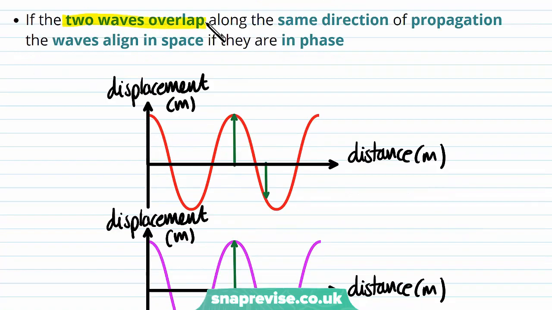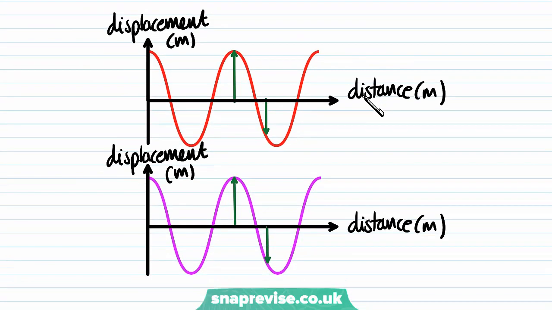If the 2 waves overlap along the same direction of propagation, the waves align in space if they are in phase. So now we're considering every point along these waves as a point of intersection. What we can see here is that when the 2 waves intersect, they are intersecting at the same point. So when this point intersects with this point, we can see we've got 2 peaks.